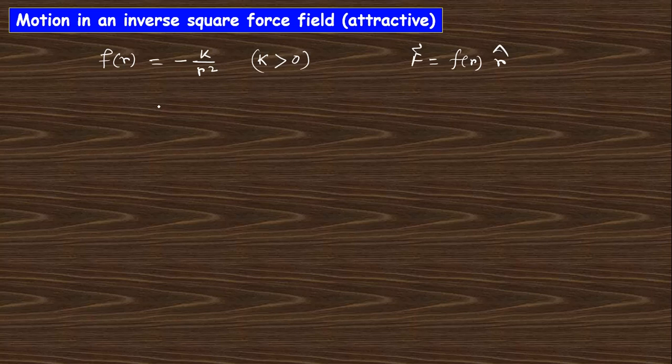Okay, so if you remember the differential equation from the last lecture, that is d2u by d theta square plus u equals to minus f of 1 by u over m h square u square.